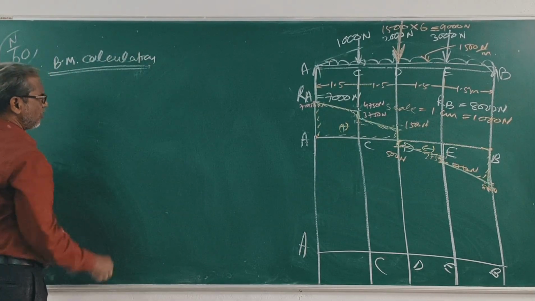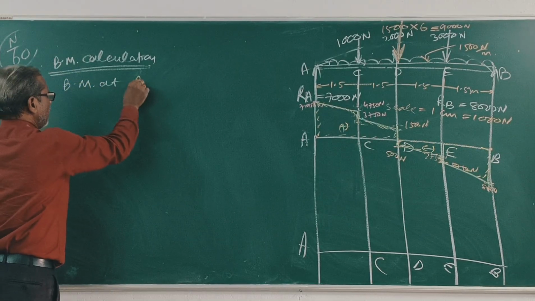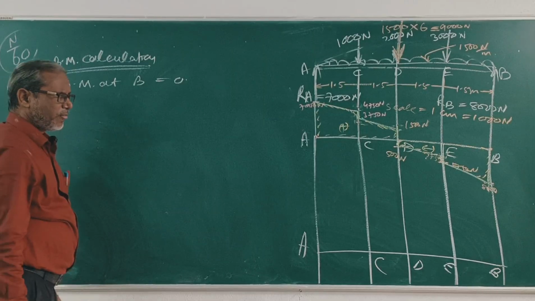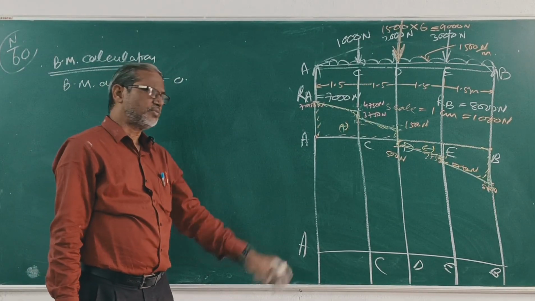At B, 0. Bending moment at B is 0. In the case of a simply supported beam, the bending moment at the two supports is 0.